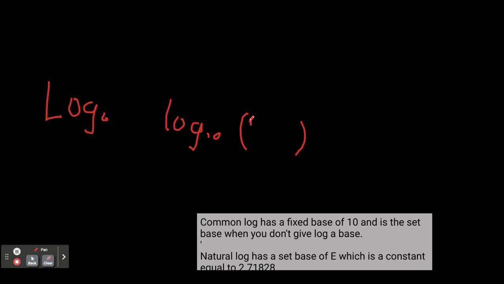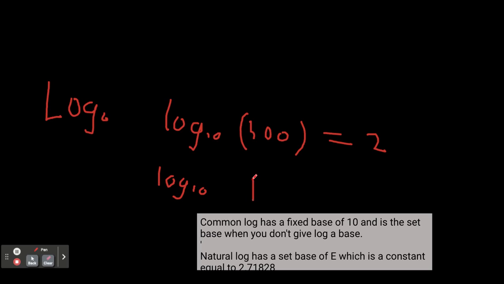So if we put in 100, let's say, well, that one's pretty simple. We should get 2. And if you just put log in a calculator, then the automatic base it'll give is 10 if you don't put a base in.